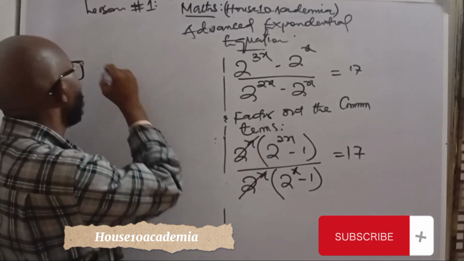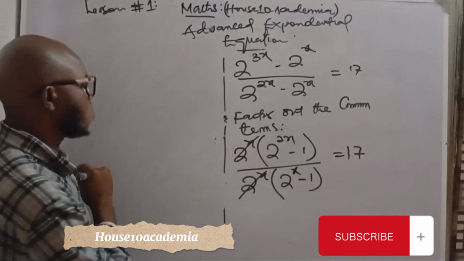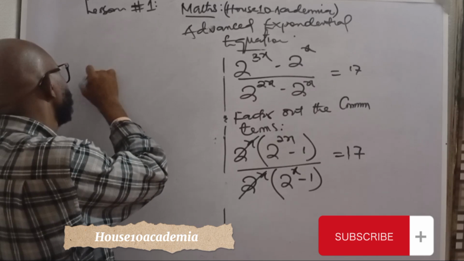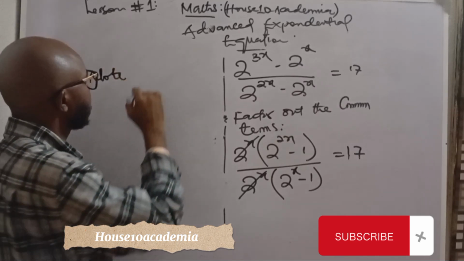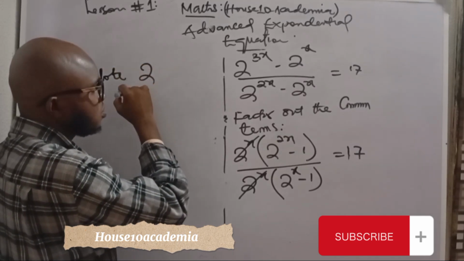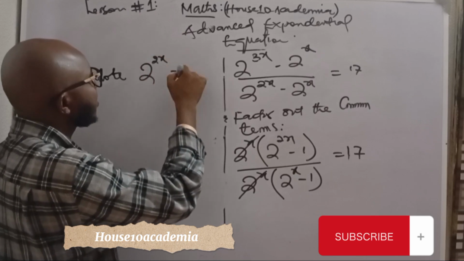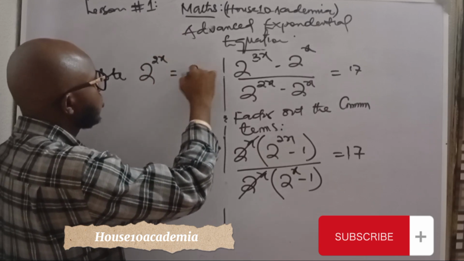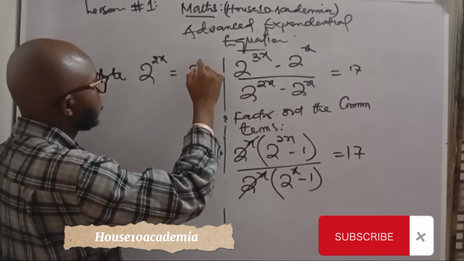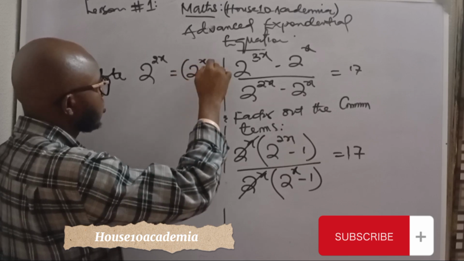So now we have this, which is a difference of two squares. Note that 2 raised to power 2x is the same thing as saying (2^x) squared.